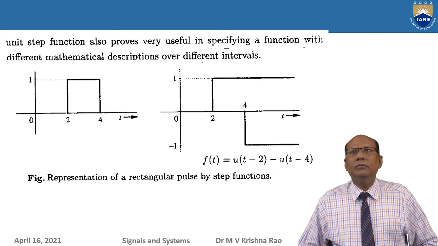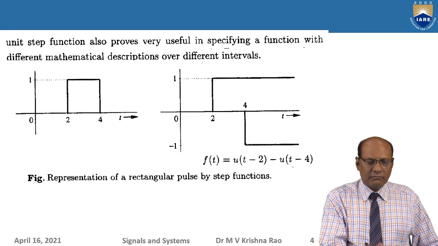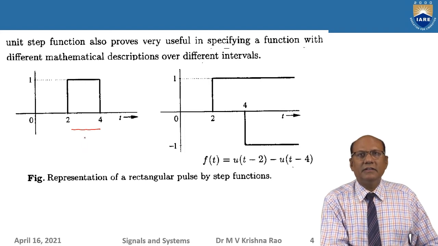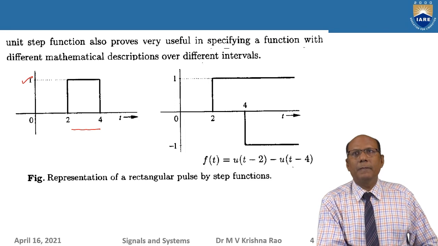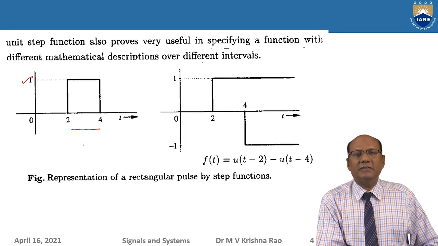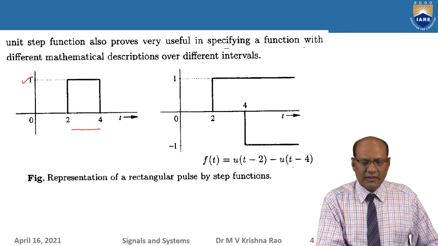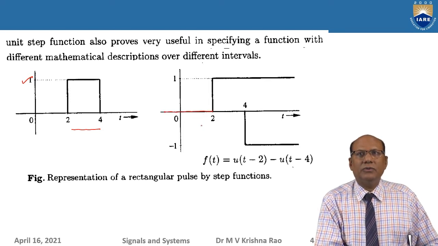Okay, now I am given a pulse here between 2 to 4 seconds. There is a pulse whose amplitude is unity. So let us express this in terms of unit step functions. Let us take a unit step function starting at t equal to 2.